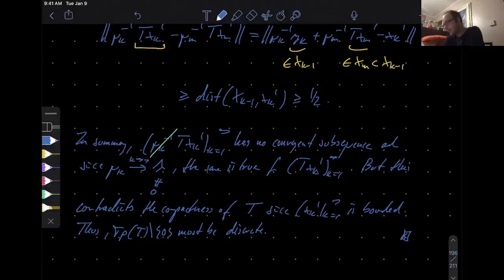Then we proved that they have finite geometric multiplicity. This comes from the proposition before the proof of the Fredholm alternative, and then we had to work harder to establish that the spectrum is discrete. It used Riesz geometric lemma again, and then derived a contradiction to the compactness of T.